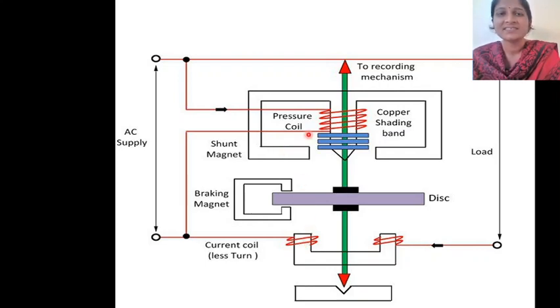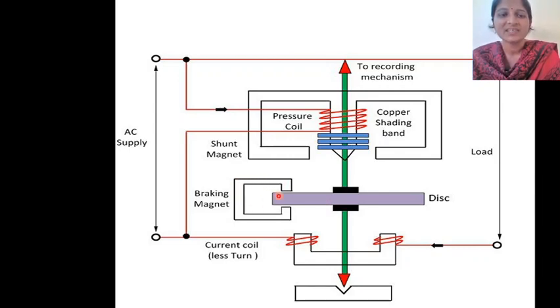What is the next one after the driving system? The moving system. The aluminum disc is the moving system here. This disc is placed on a spindle. This aluminum disc will be rotating whenever supply is given to the loads. As this is moving, this is called the moving system, and it has to be controlled using the braking mechanism.